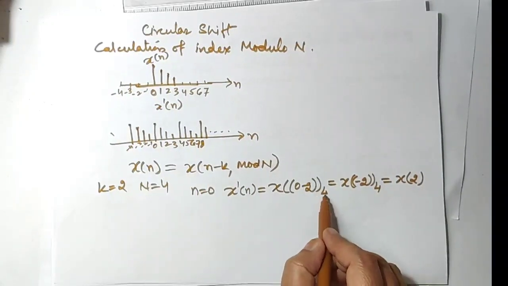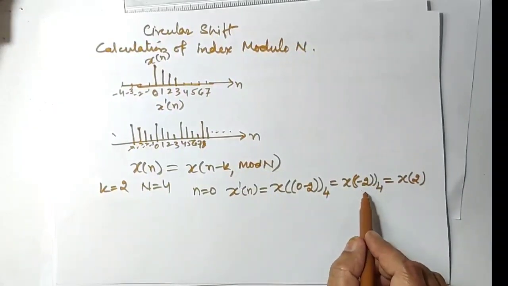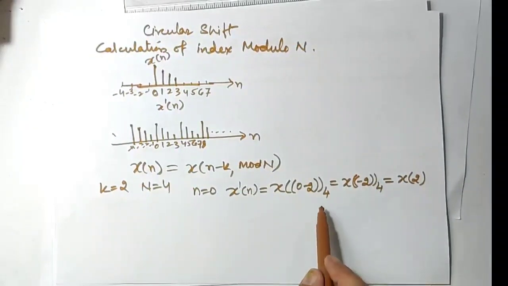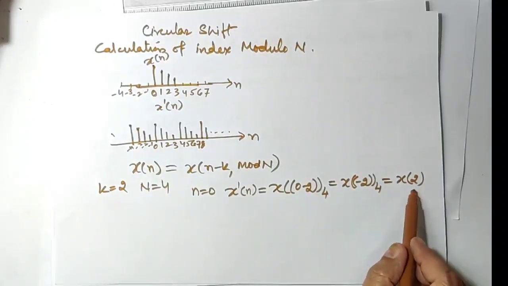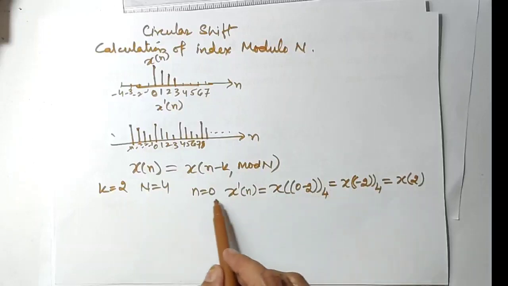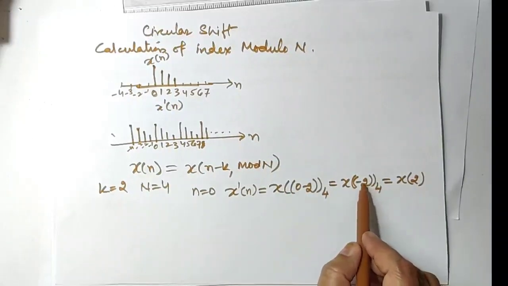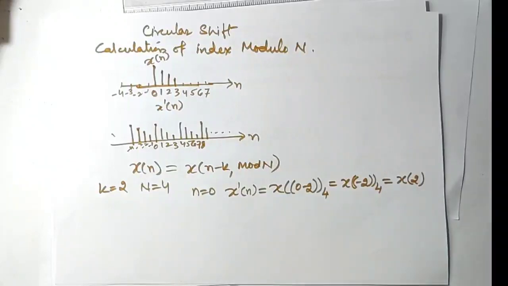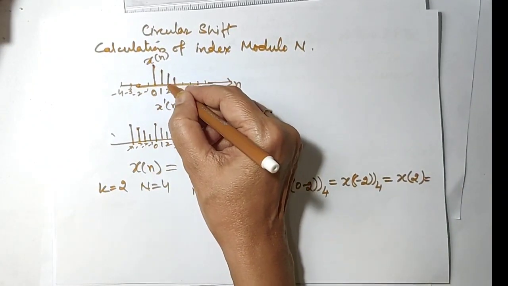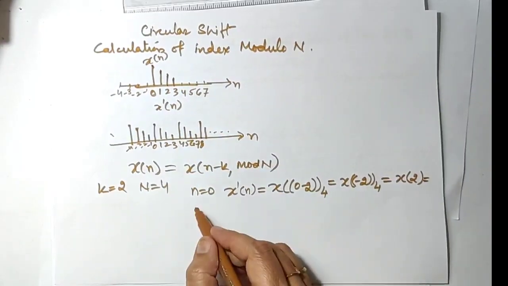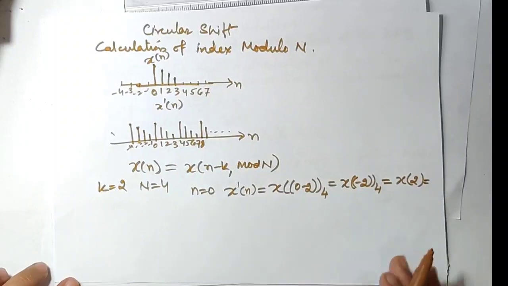So this is 4 minus 2, x of minus 2, modulo 4, so it would be x2. When n equal to 0, this value is minus 2, so our 4 minus 2 will be x2. Whatever the amplitude of x2 will be shifted here at the origin.